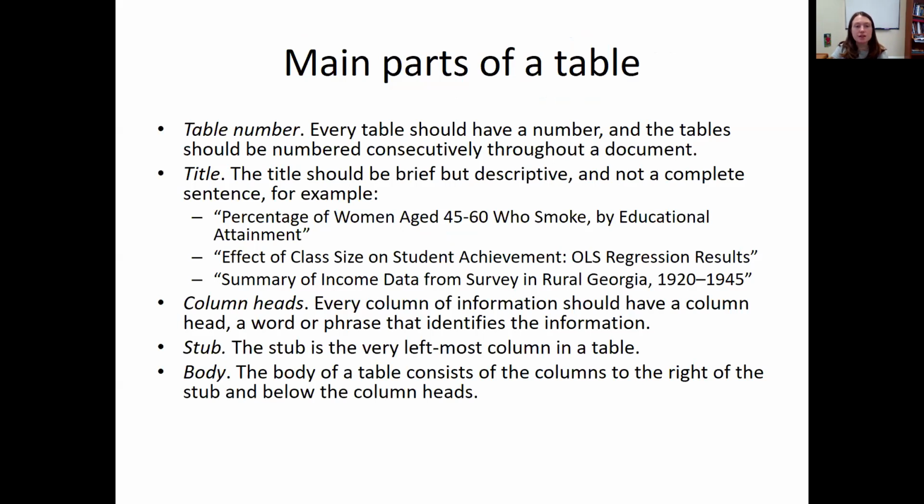And they should also be numbered in the order that you refer to them in the paper. So if a certain table is called table 1, that needs to be the first table you mention in the text of your paper.